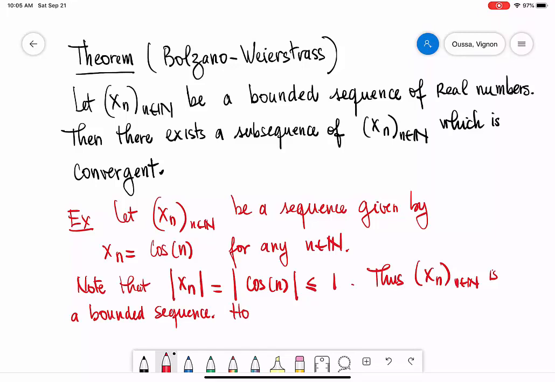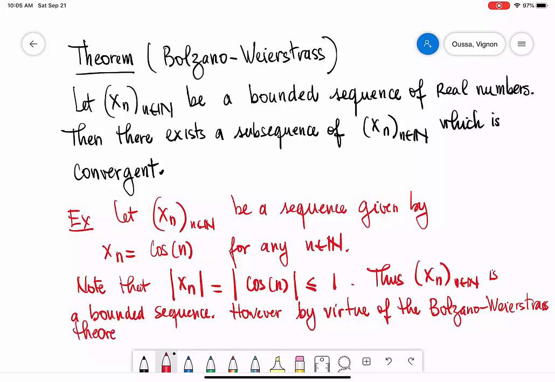However, by virtue of the Bolzano-Weierstrass theorem, x_n has a convergent subsequence.